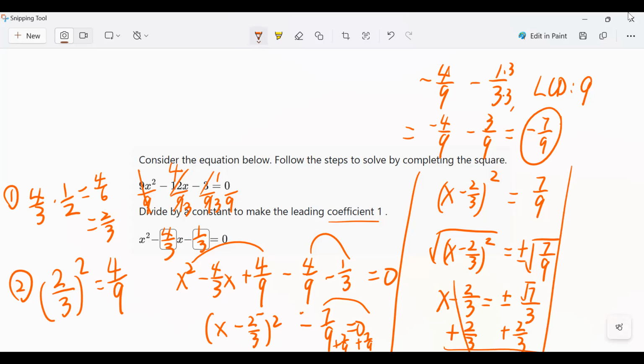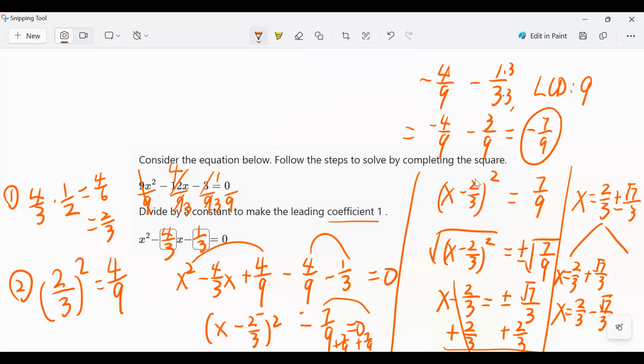And so x equal to 2/3 plus minus square root 7 over 3. Two answers, x equal to 2/3 plus square root 7 over 3, and then x equal to 2/3 minus square root 7 over 3. Okay.